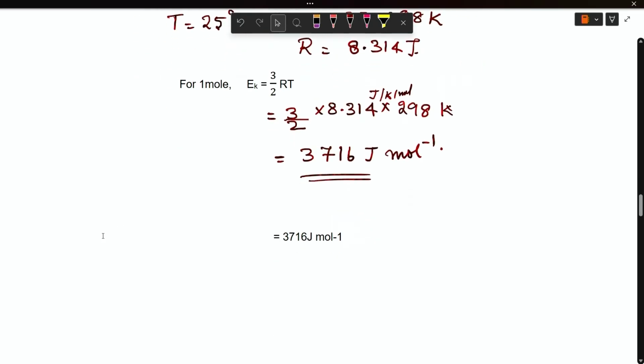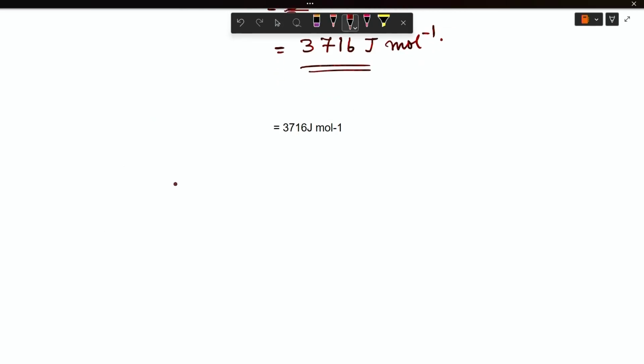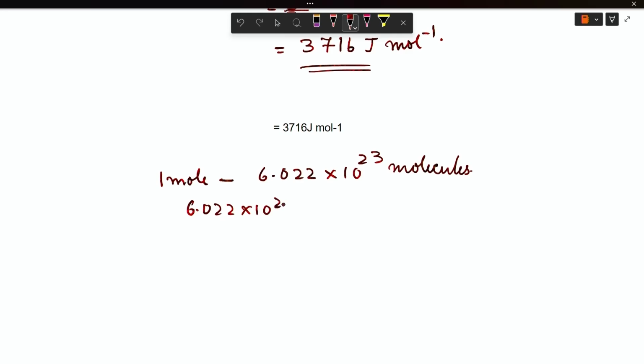Now, we should know what will be the value. We know that 1 mole contains 6.022 into 10 to the power 23 molecules. That means 6.022 into 10 to the power 23 molecules will have a kinetic energy.